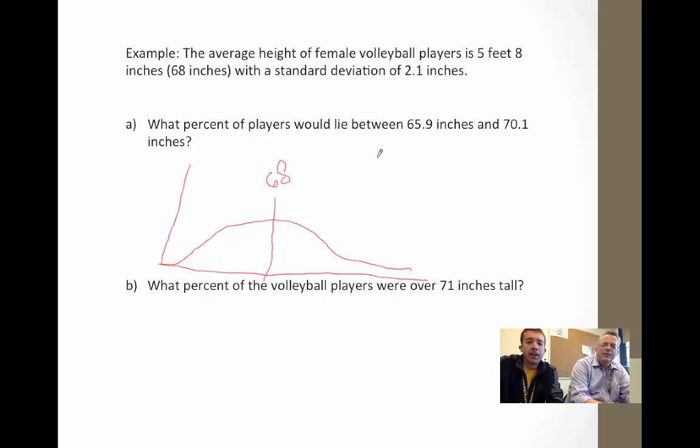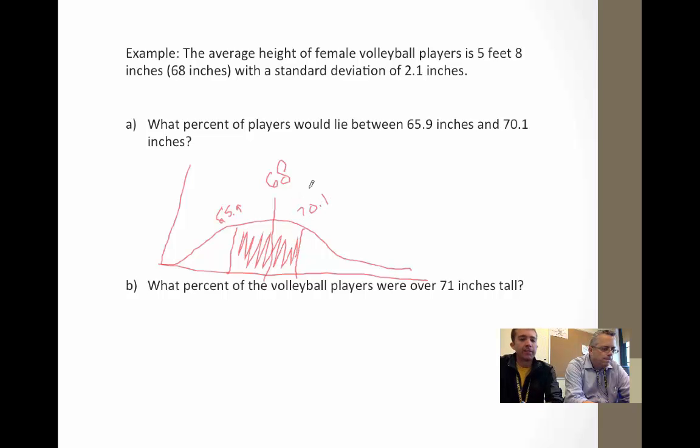I want to know 65.9 and 70.1. Those are kind of weird numbers, but let's see how it goes. We'll go probably down here and probably about here. So we want the percent in between 65.9 and 70.1, so that's probably going to be in this area.